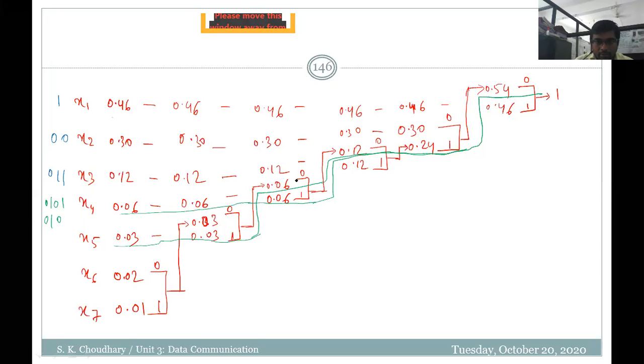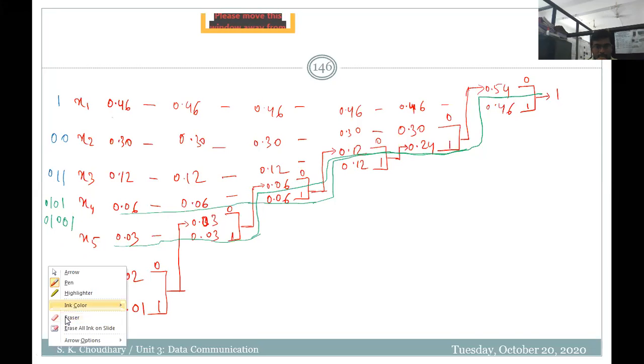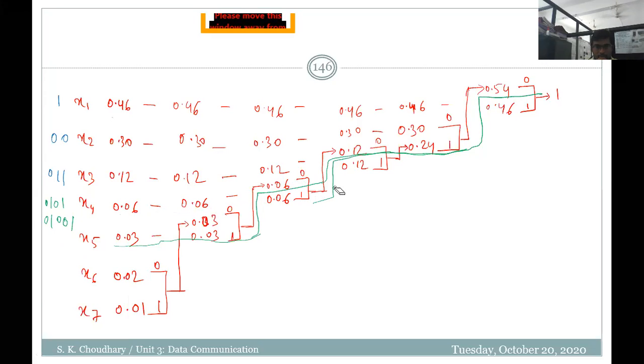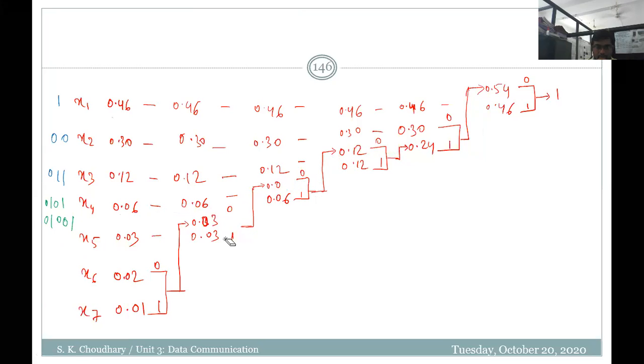Okay, and the rest of it is 0, 1, 0, then 0, and then 1. Okay. Now come to the rest of the path. So I just delete it so that it would be easier for you to trace it out.